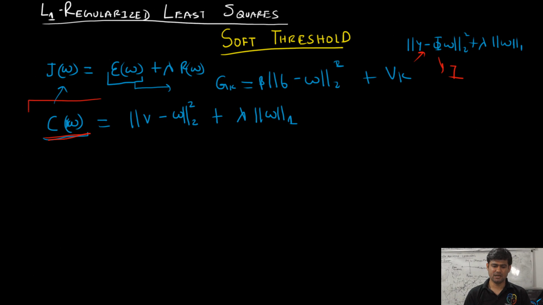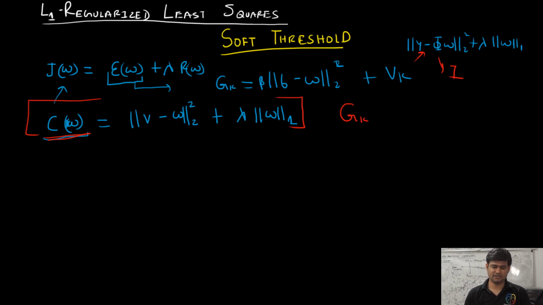Now we will see how we can minimize this loss function, and once we obtain a solution for this, we will combine it with the previous part lecture where we minimized the loss function G of K. We'll combine the two results to obtain the iterative soft thresholding algorithm.